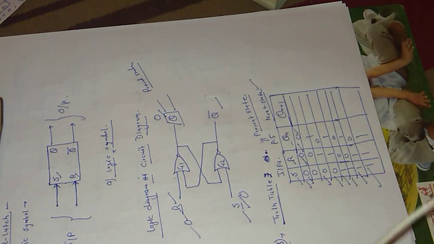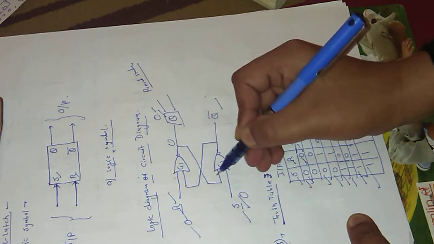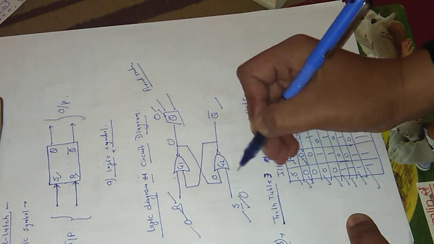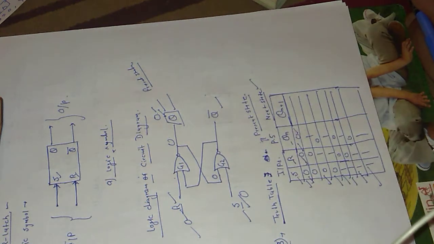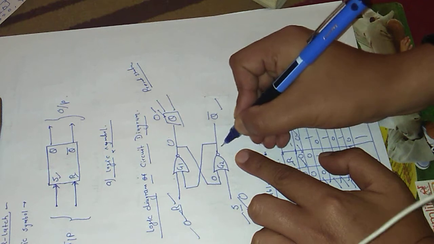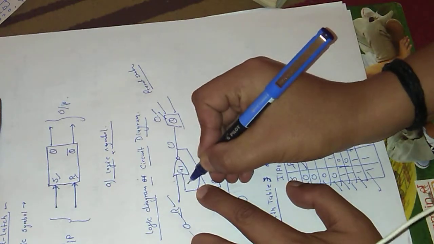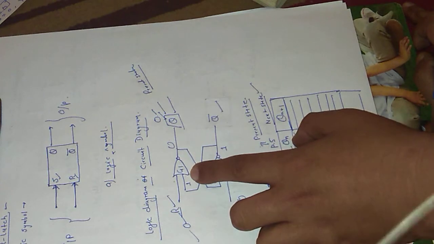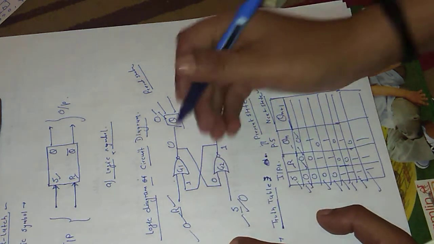We will discuss all the cases one by one. When the present state equals 0, this 0 is an input for gate G2. The NOR gate G2 has inputs 0 and 0, so its output is 1. This 1 is the input for the other gate G1, and 1 NOR 0 is 0.